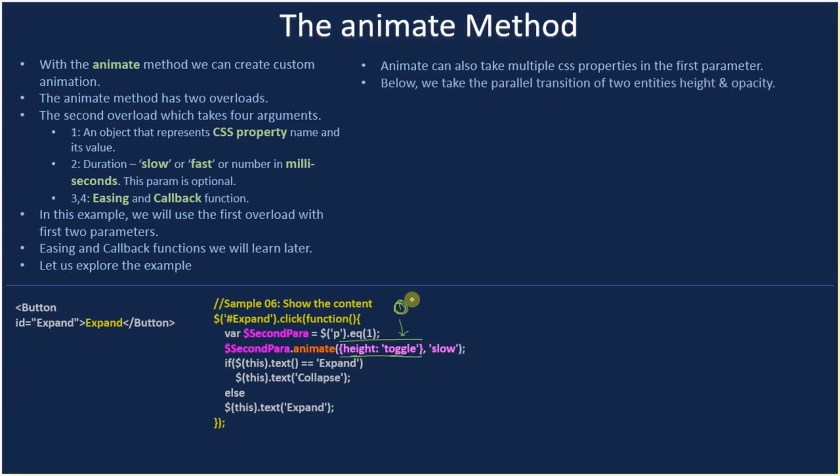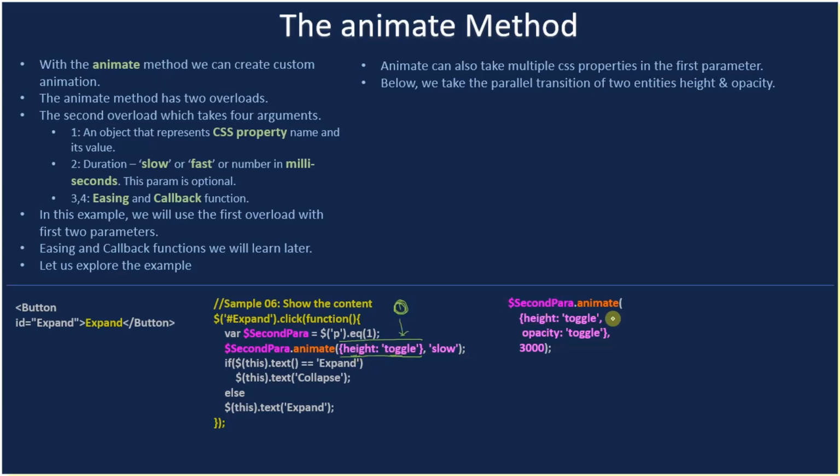Below we take the parallel transition of two entities, height and opacity. Height here we are already performing. Opacity, if you see, we added it, right? This is the curly braces, and here is the animate method. This line we are changing. At present it is taking one CSS property in the first parameter.